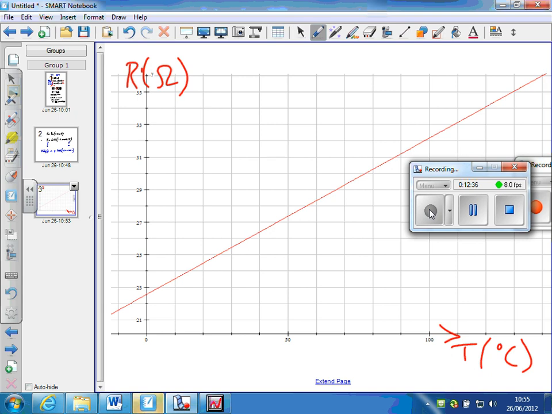And so we can use the graph to find out, say, what is the temperature when the resistance is 30 ohms there. What is the resistance when the temperature is 50 degrees there. So I can use the graph to find values.